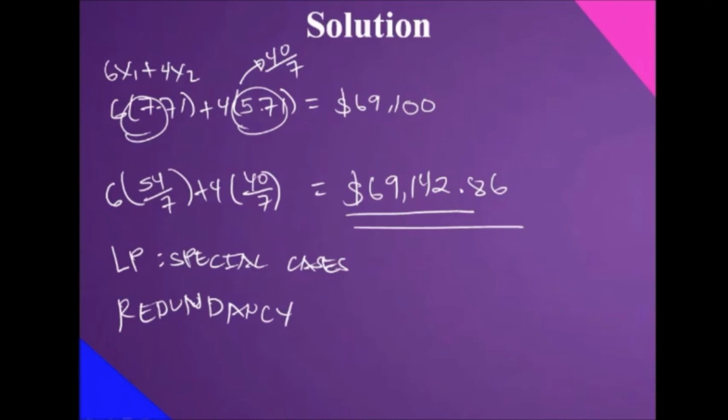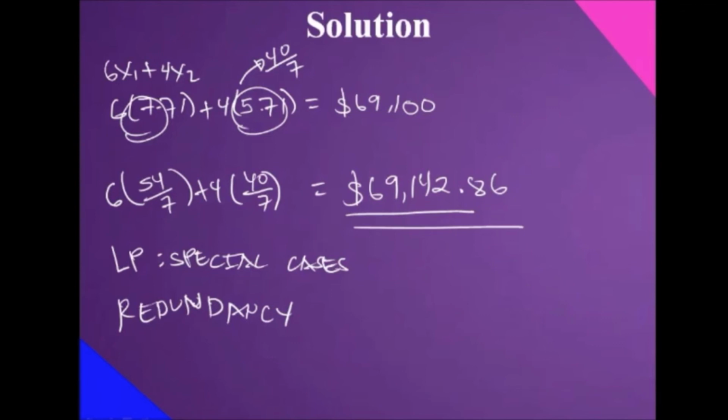And sabi ko kanina, if naaalala ninyo pa, sa pinakaunang part ng presentation, nakikita siya sa mga problem, when we solve, na yung constraint are redundant. The presence or absence of this line do not affect the solution of the problem.